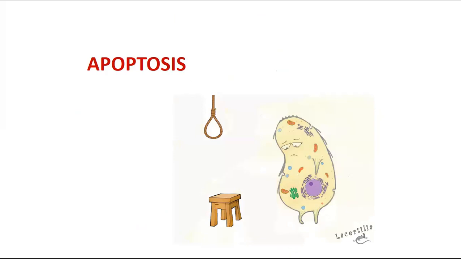Apoptosis is an important mechanism to understand. What is apoptosis? Apoptosis is programmed cell death. What do you mean by programmed cell death? It's a natural process by which the body eliminates the unwanted cells. There are various reasons, we'll talk about that. It's a natural process.